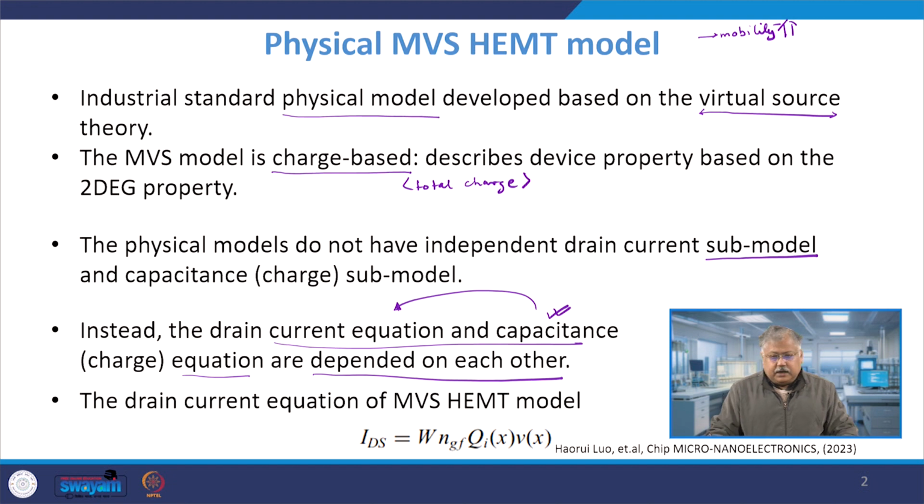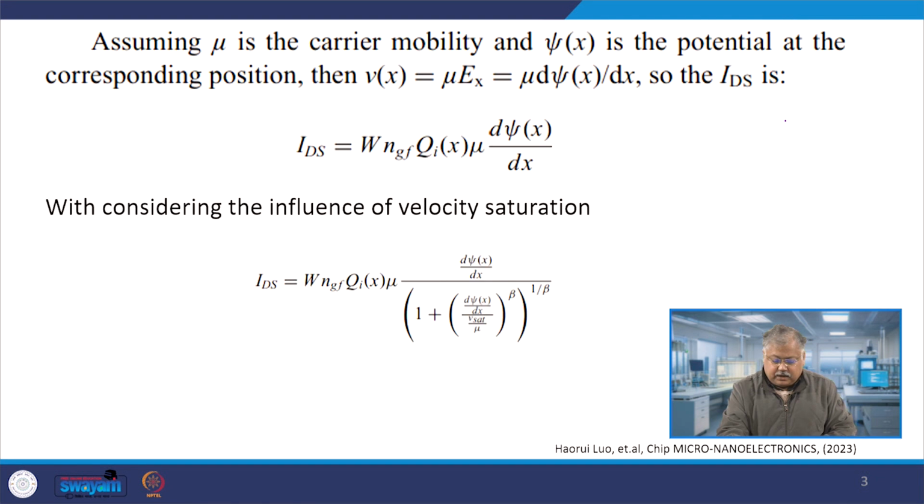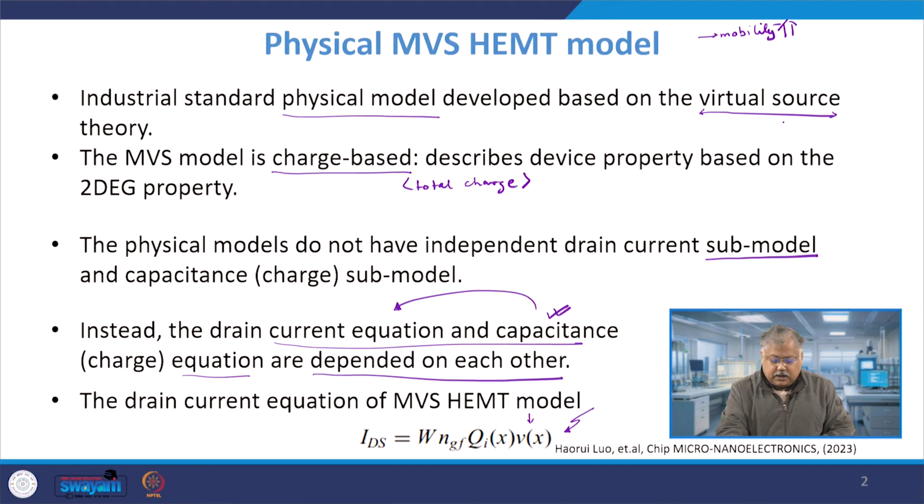The drain current equation is given by this equation, which is a standard form of equation even for bulk MOSFET, if you remember properly, where V is the velocity of the charge carriers at any point x. So if I take a MOS device, let me see if I have a graph of that. I don't have it at this stage, but for the HEMT, this is my x axis and this is my y axis.